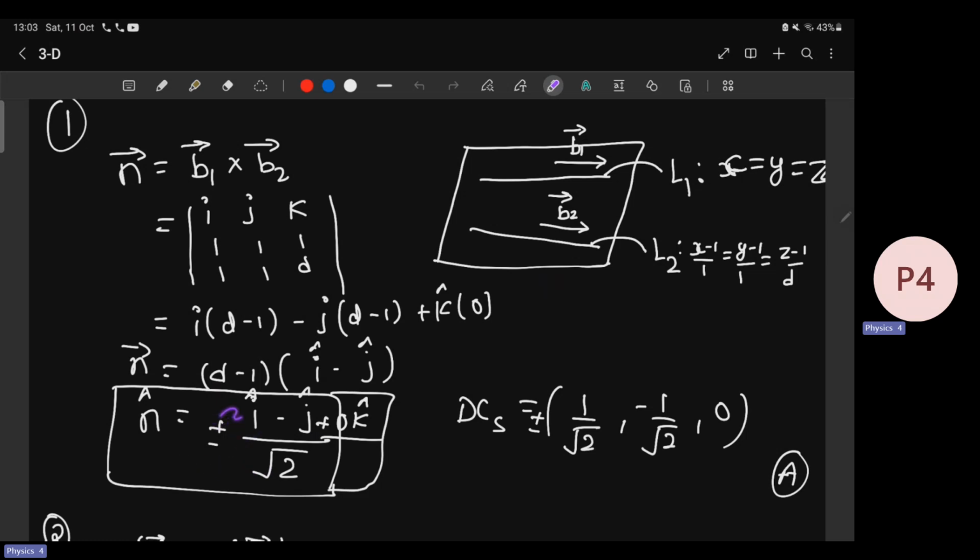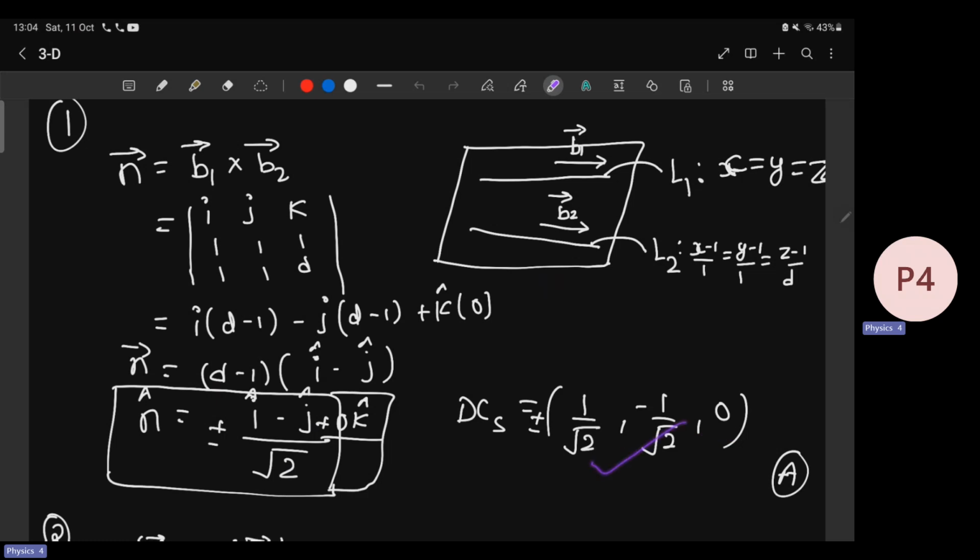We have added plus minus here because the normal vector can be in both directions, upward from the plane or inside the plane, right? I hope you all understand this. So n vector is plus minus (i minus j plus 0k) cap divided by root 2. So the direction cosines can be plus minus 1 by root 2, minus 1 by root 2, 0.